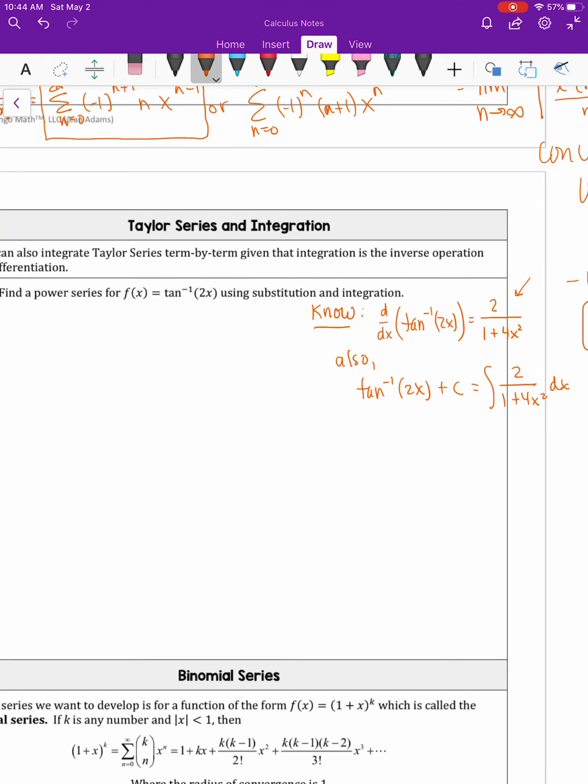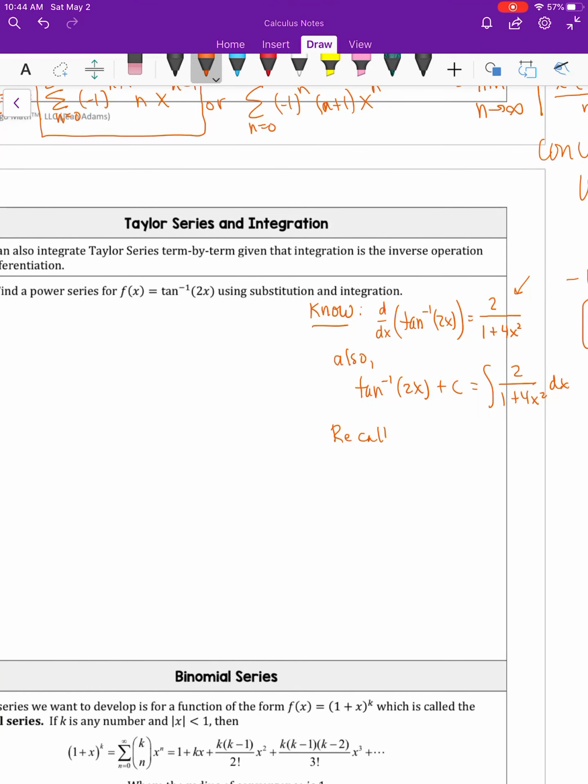So since we know that derivative, that means we know the next thing. Okay, since this looks like 1 over 1 minus x, we want to recall that 1 over 1 minus x is the summation from n equals 0 to infinity of x to the n. We also want to look at the fact that the denominator of this guy right here, 1 plus 4x squared, could also be written as 1 minus a negative 4x squared.